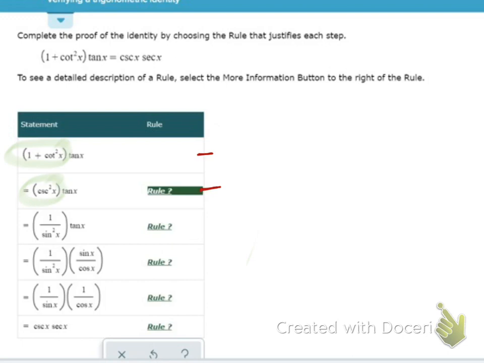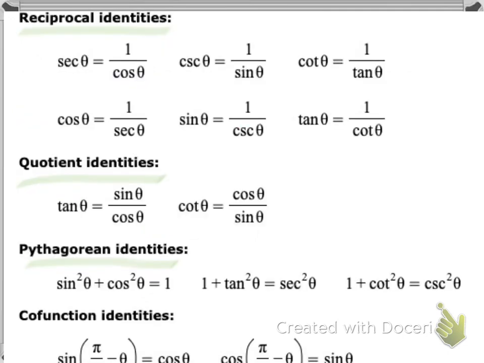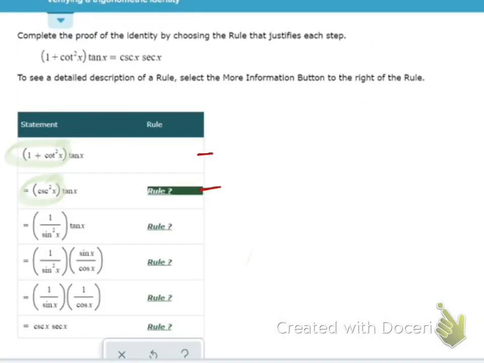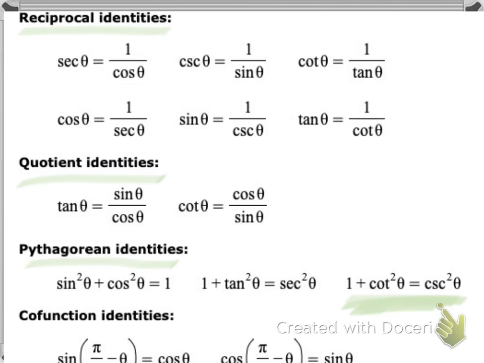When I go over to my sheet that has everything that I need, I see here that 1 plus cotangent squared x equals cosecant squared x. That is why I am allowed to substitute these two things. It is this statement right here.